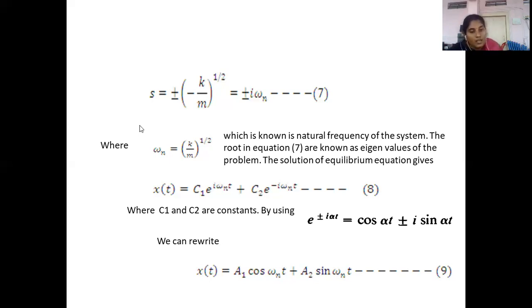So we can rewrite the above equation number 8. e raised to plus or minus i alpha t is equal to cos alpha t plus i sin alpha t.